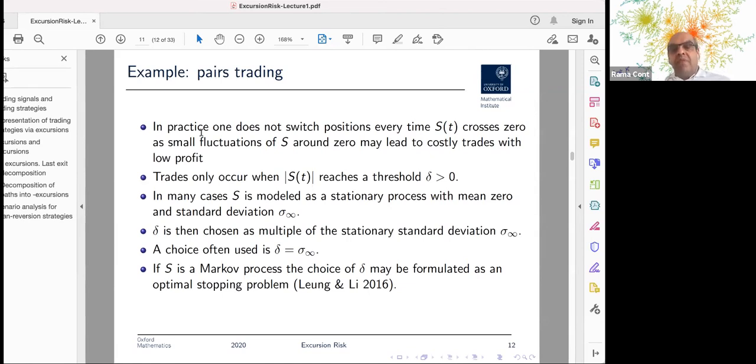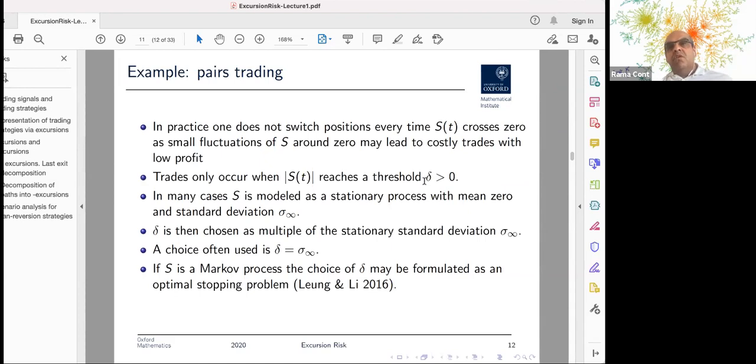But it makes sense that you introduce a threshold, and you only trade when you cross zero and then reach at least some threshold. You don't trade every time it touches zero, but you wait until it reaches a positive or negative threshold to change your position. So there's always a threshold delta, which can have different meanings.